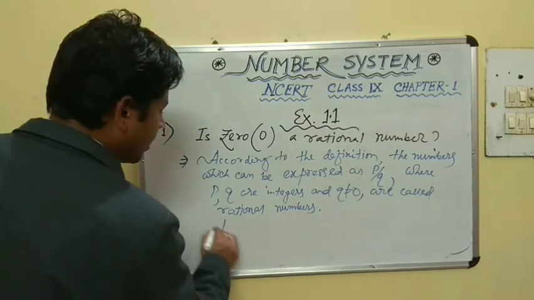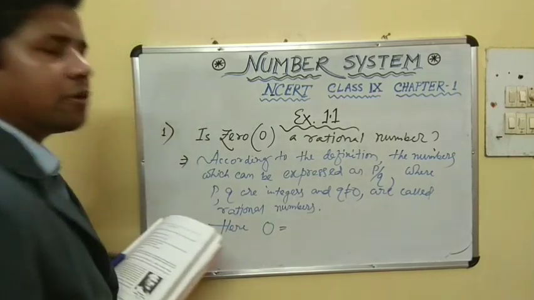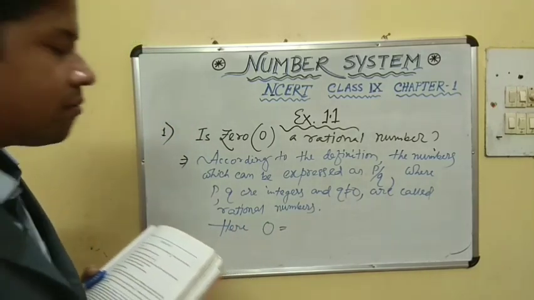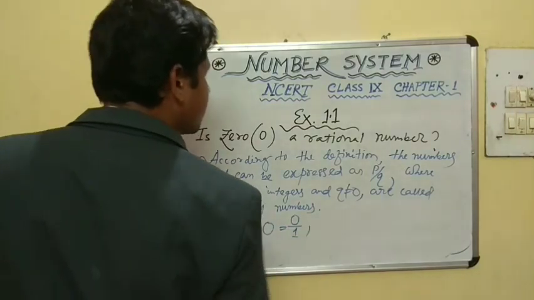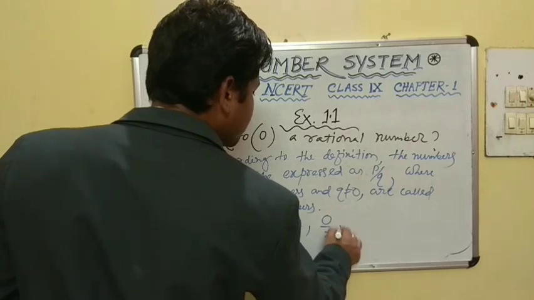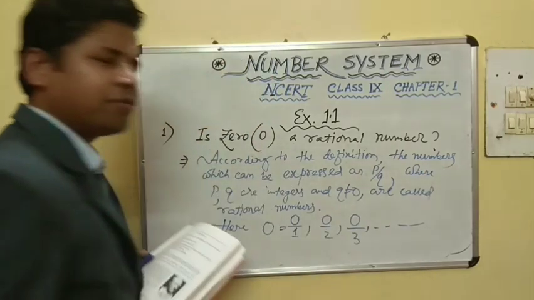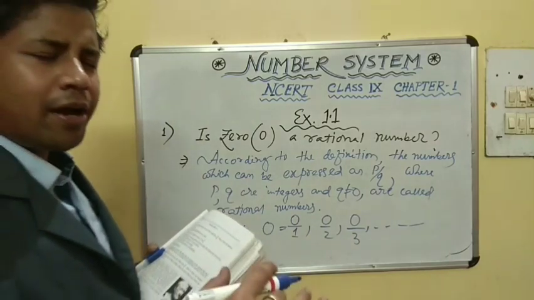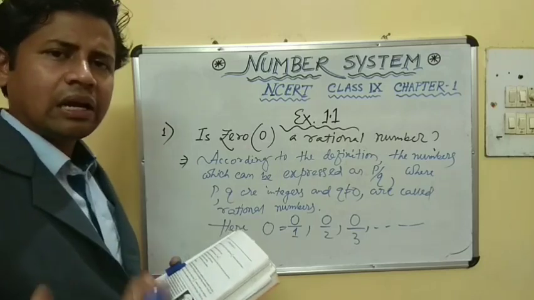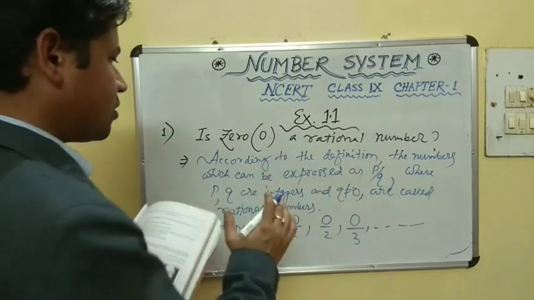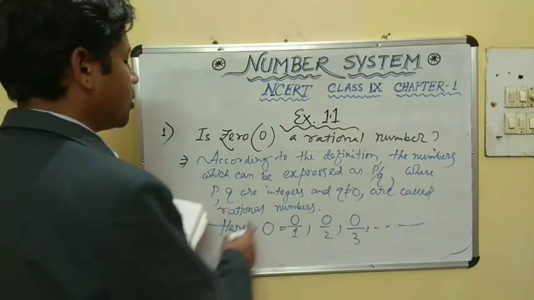Here, let's see, can we express 0 in P by Q form? Let 0 equal, we may write 0 by 1, we may write 0 by 2, we may write 0 by 3, 0 divided by any non-zero integer, it must be 0.